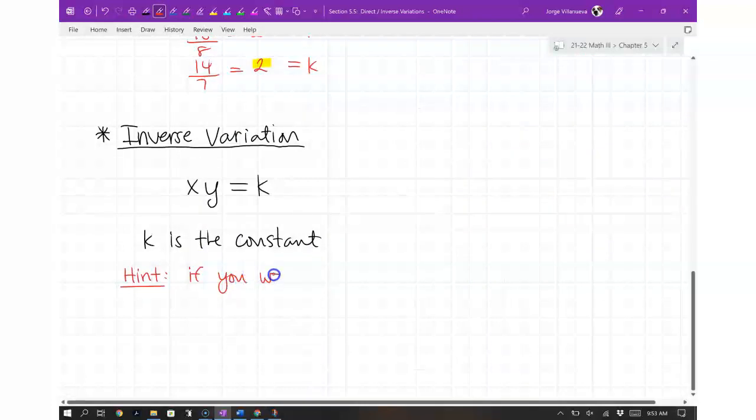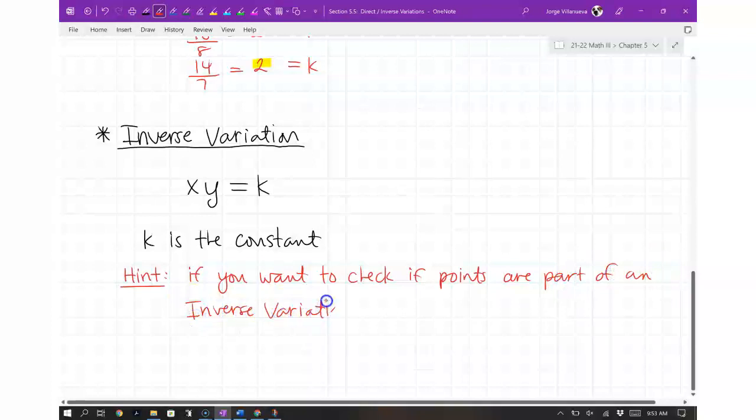If you want to check if points are part of an inverse variation, then multiply y times x. In other words, I guess you could say x times y. Let me leave it like that because most people like to put it in alphabetical order. So you're going to do xy, and you should get the same answer.